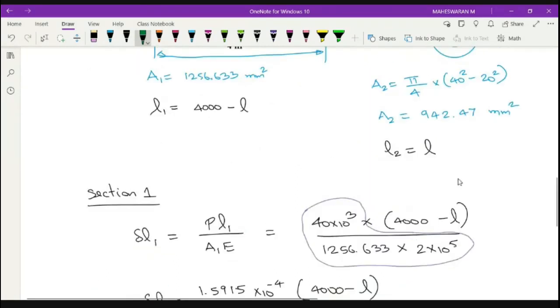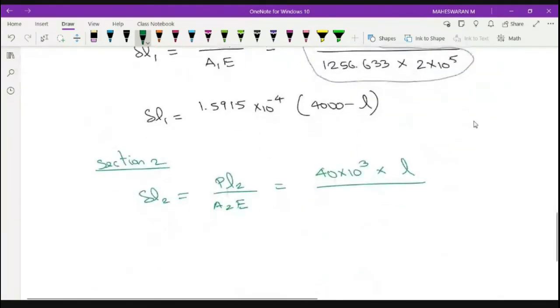A2 is different, which is 942.47, into E. So E is 2 into 10 power 5. So what is your del L2? All the terms except L, you get 2.122 into 10 power minus 4 L. So this is my del L2.